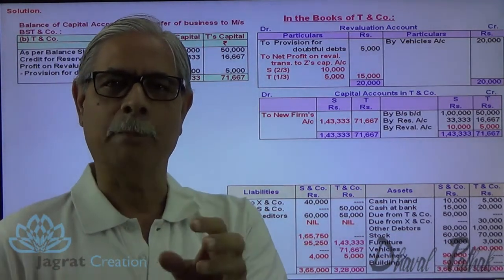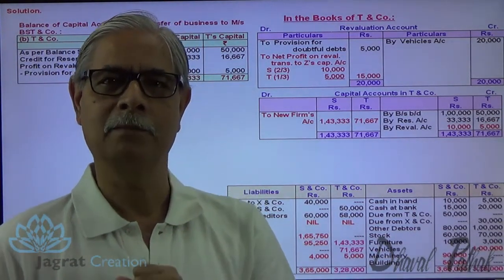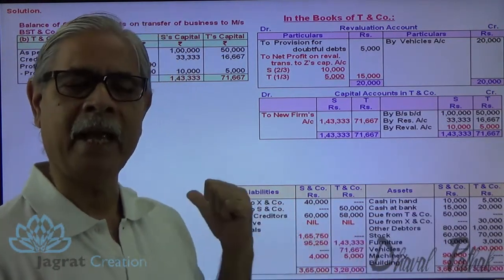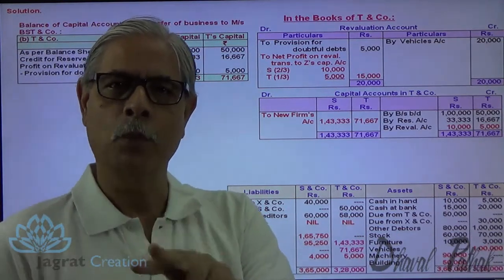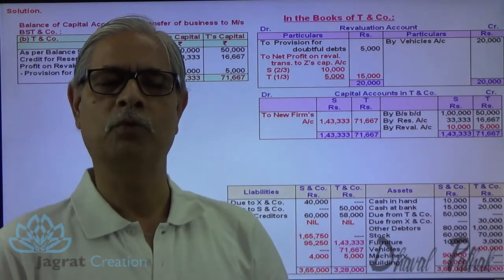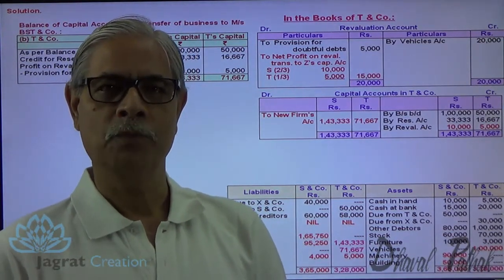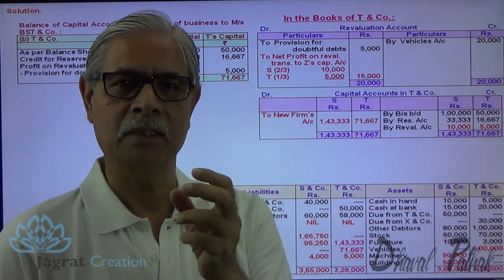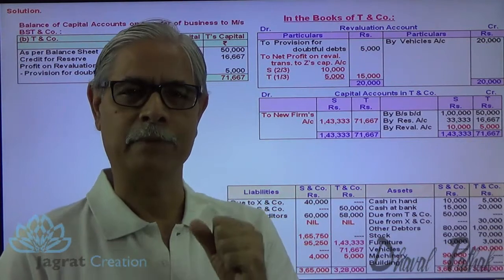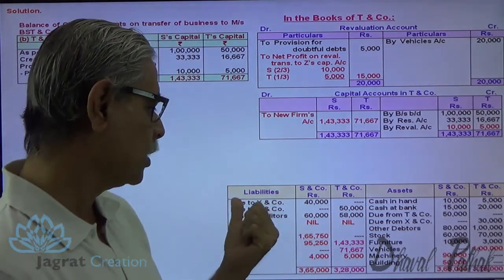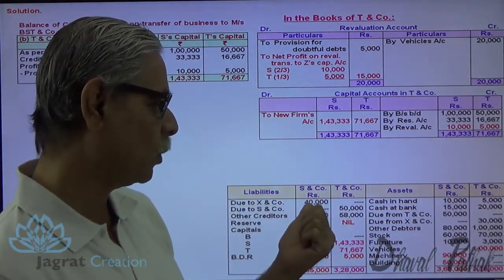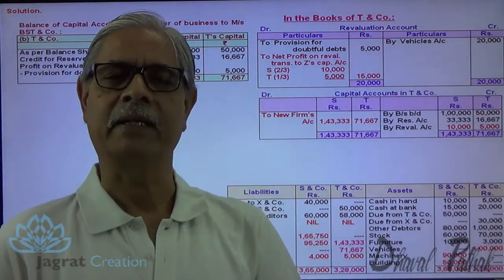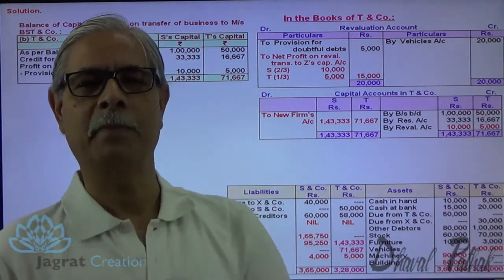Now both the partnership firms amalgamate, so the amount due from X and company and the amount due to X and company are both transferred to the new firm. So that is a mutual indebtedness, mutual owings and claims. My owing towards X and company is 40,000. My claim is 30,000. So the net effect, 10,000, will appear in the balance sheet.